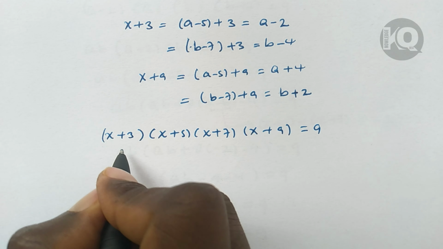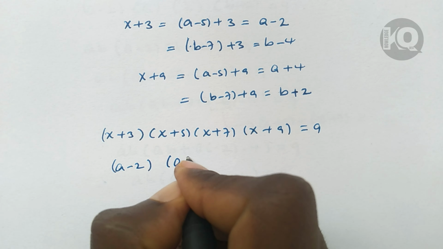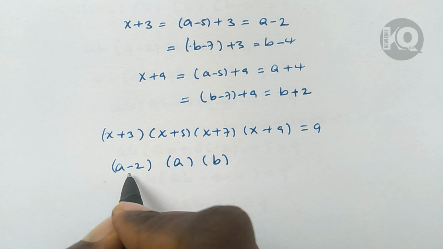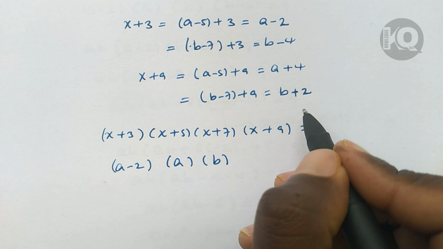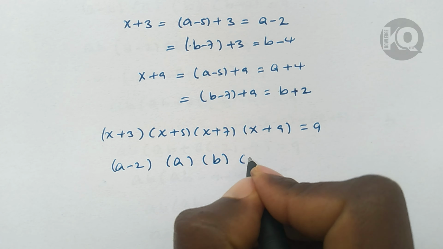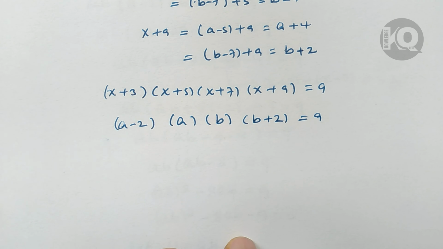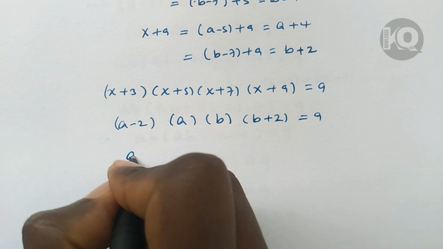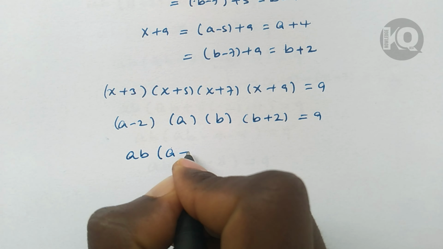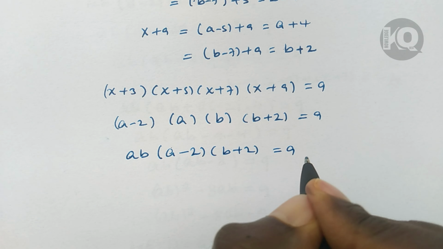So x plus 3 is a minus 2, then a times b, and then x plus 9. If we take a minus 2, we have to take b plus 2. If we take b minus 4, we have to take a plus 4. So this will be b plus 2. Then take a times b, times a minus 2 times b plus 2, is equal to 9.